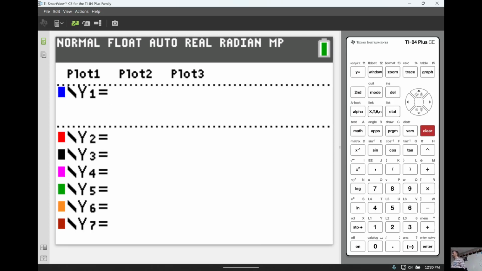Go to y equals, type in what you think the function is. So we talked about the amplitude needs to be 2. Most people said it's more like a cosine graph. We said the period has to be pi, which means b needs to be 2. And that's all we talked about.